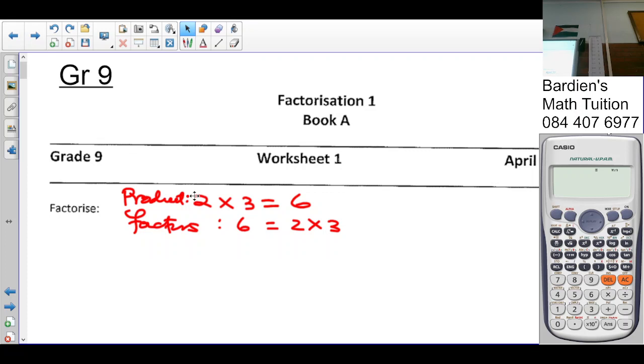Take out the greatest common factor occurring in all the different terms of the expression.